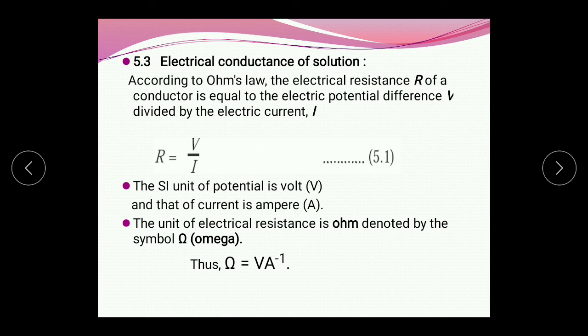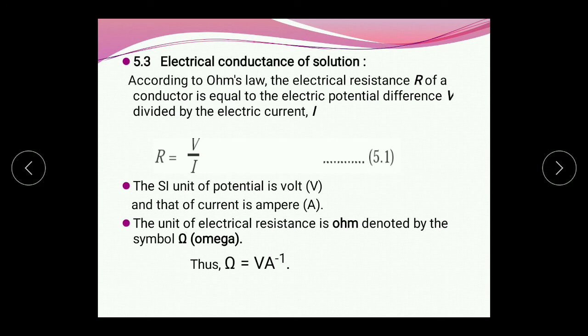Ohm means V into A raised to minus 1, and it is denoted by the symbol omega. So R is equal to V upon I, and its unit omega will be equal to V into A raised to minus 1, or we can say volt per ampere. Understood? So this is about resistance.